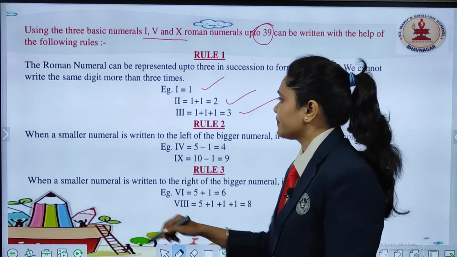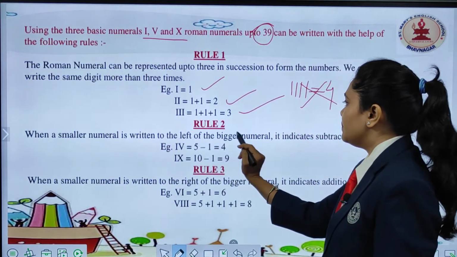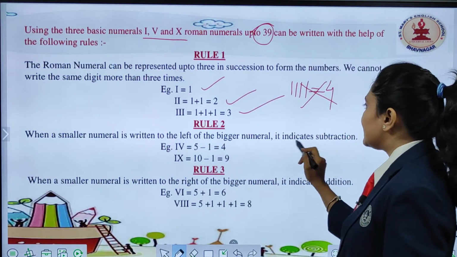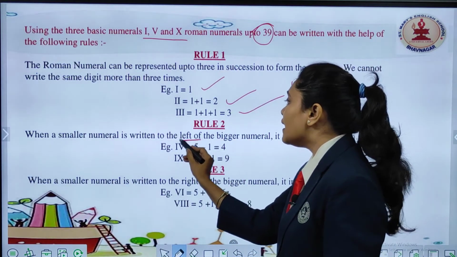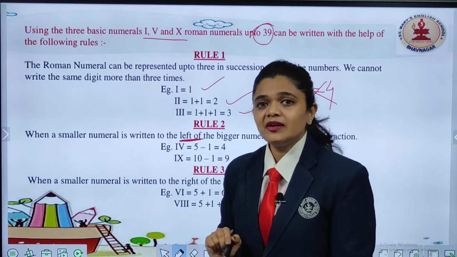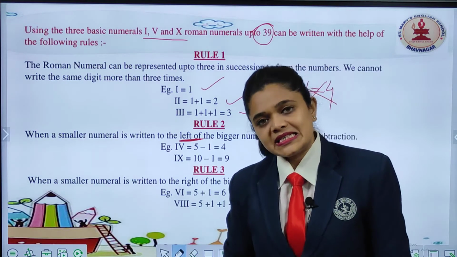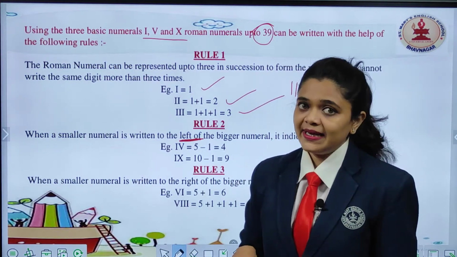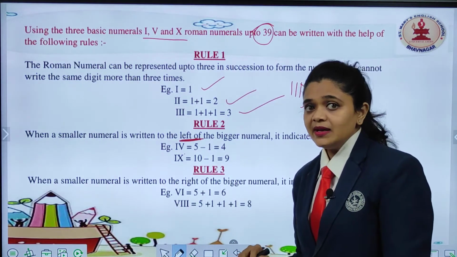Let us see what is rule number 2. Now over here, when a smaller numeral is written to the left of a bigger numeral, it indicates subtraction. For example, right now we have learned the standard numerals. X is represented by 10 and V is represented by 5.